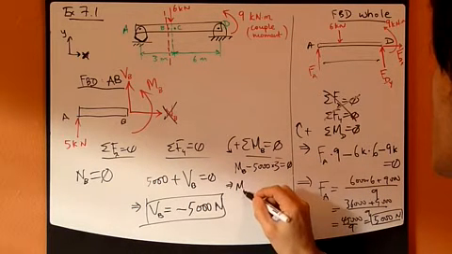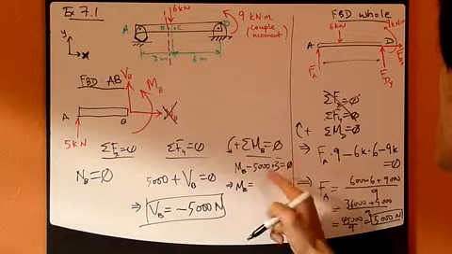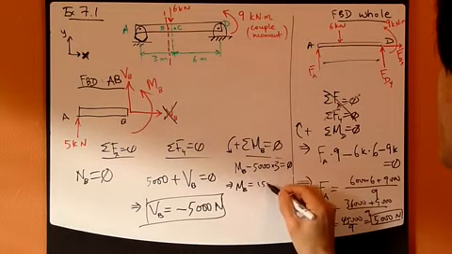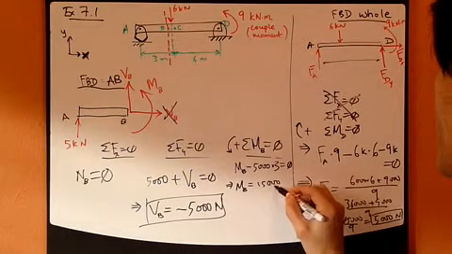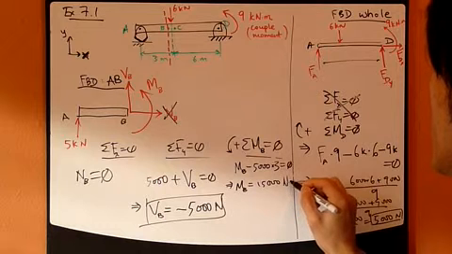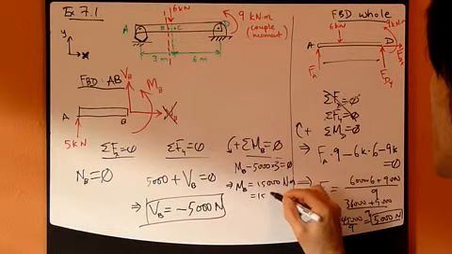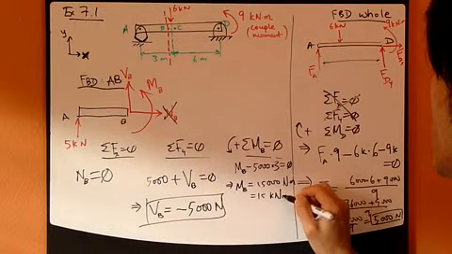Therefore, MB equals, moving this over, positive 15,000 Newton meters, or 15 kilo Newton meters.